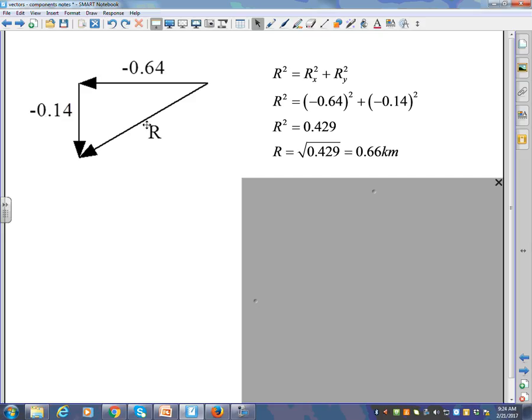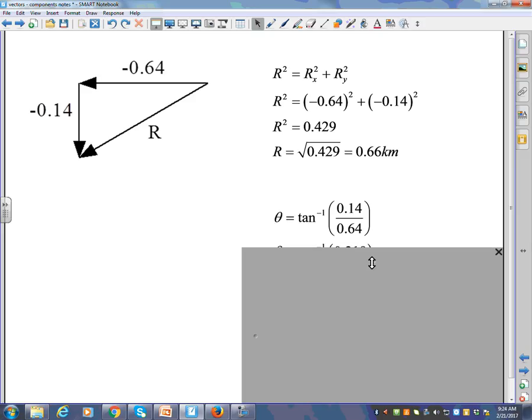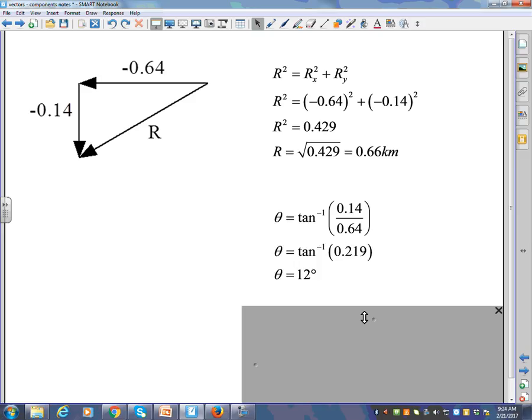Am I done? No. How come, Josh? Because you got to find the angle, the direction, right? And is it always going to be tan? Yeah, because you're always going to have an opposite and adjacent. You are always going to have a right triangle here. Always. That's the whole idea.